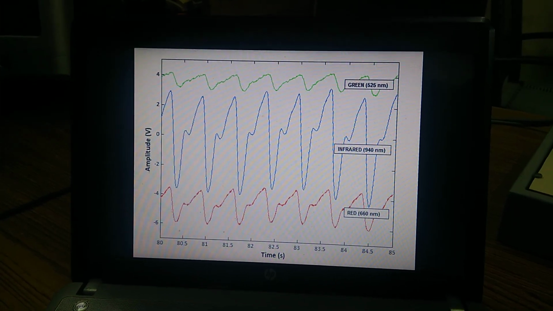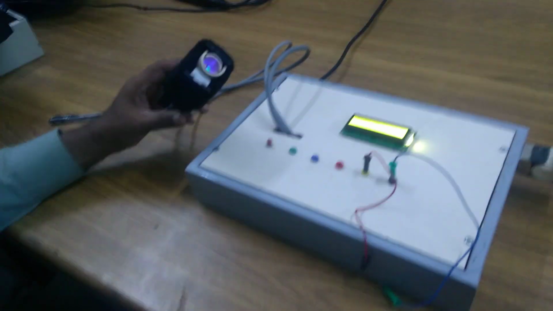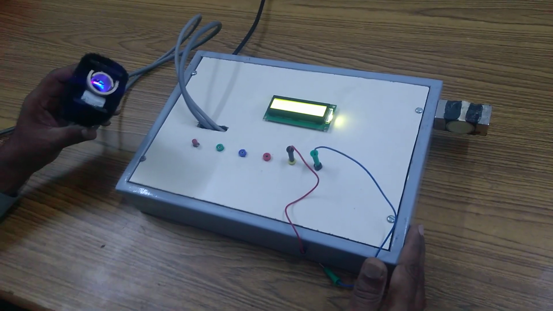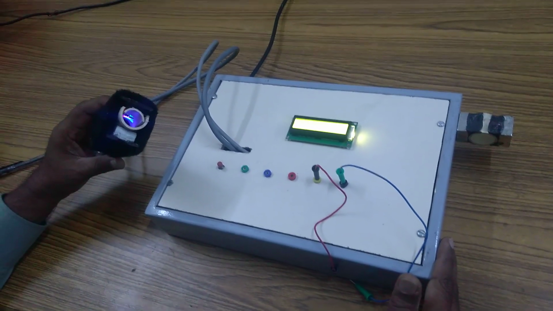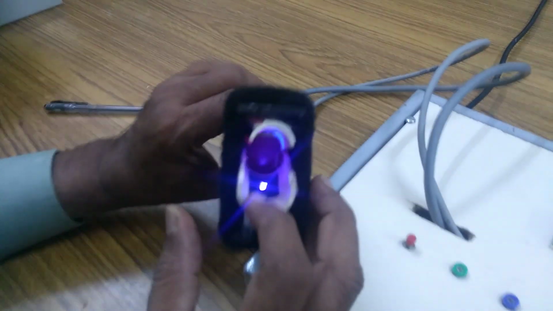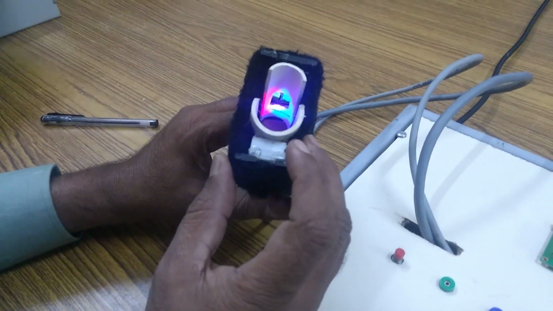Coming to the equipment, this is the benchtop prototype model we have designed. It has a finger probe, with different light sources on this side and sensors here.